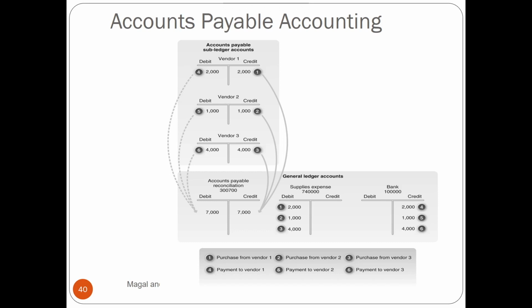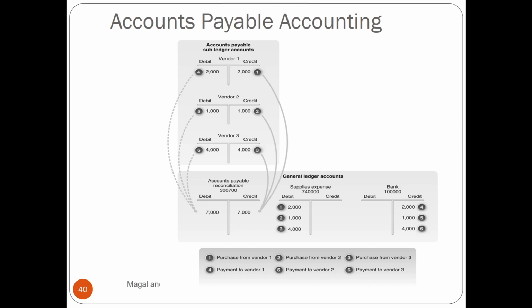We can see in this photo that each purchase results in a debit to the supplies expense account and a credit to the appropriate vendor account. So postings to the vendor accounts are automatically posted to the reconciliation account, accounts payable reconciliation, as indicated by the rows.